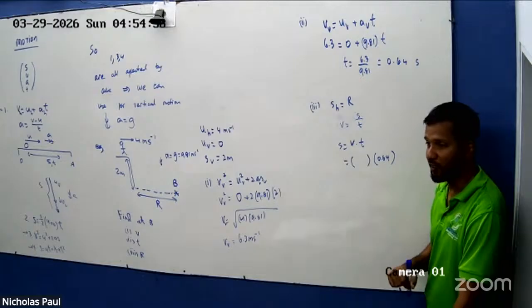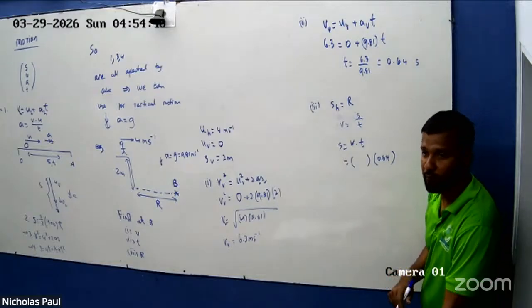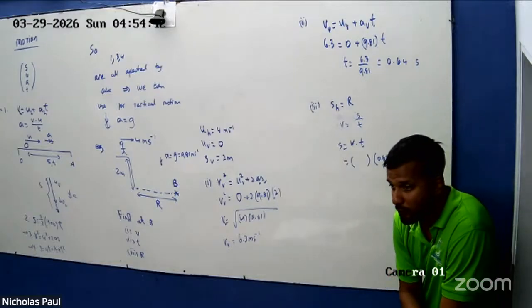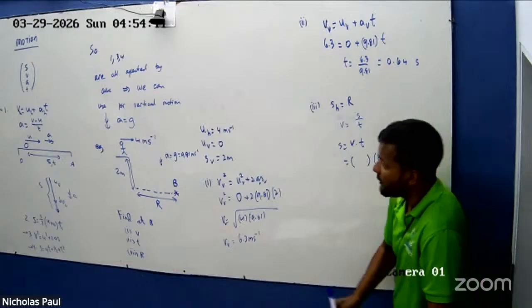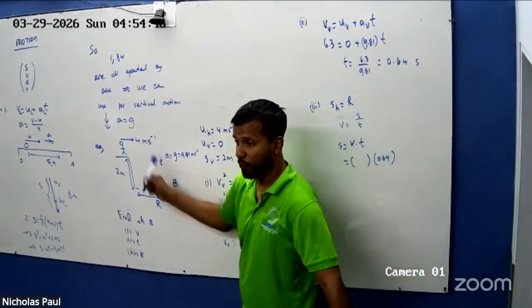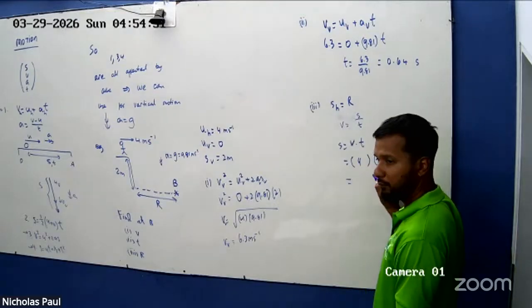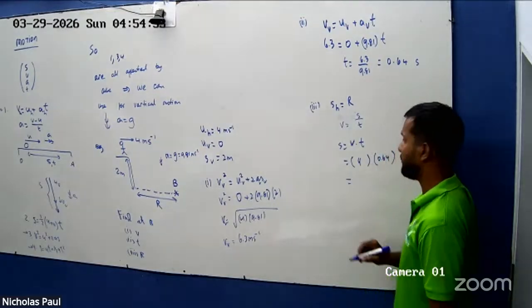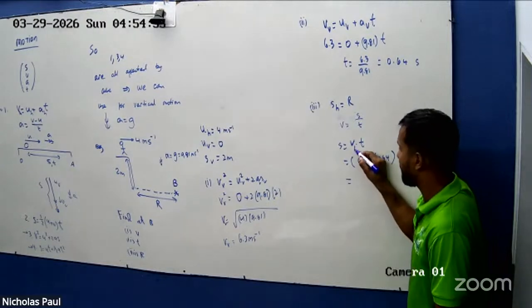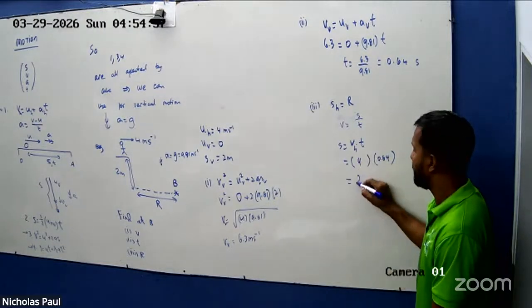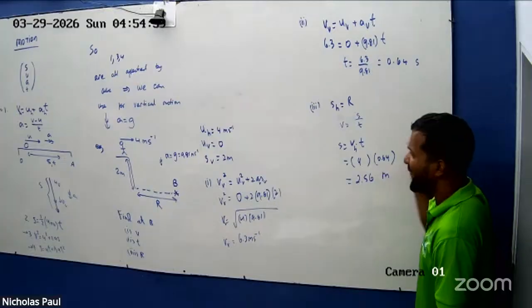What's the horizontal velocity? The horizontal velocity is 2.5.